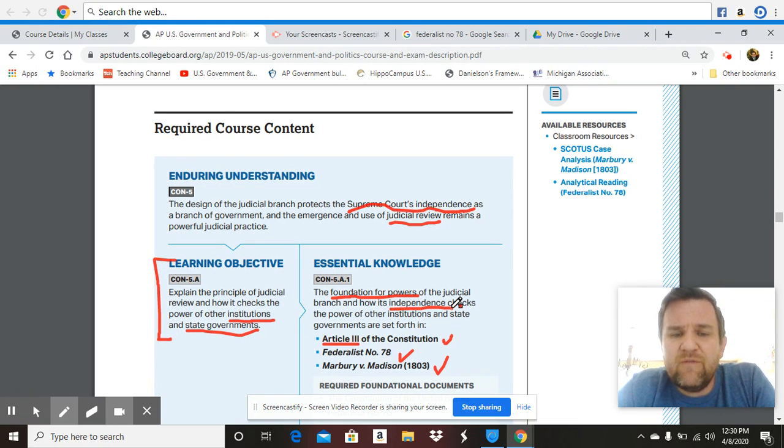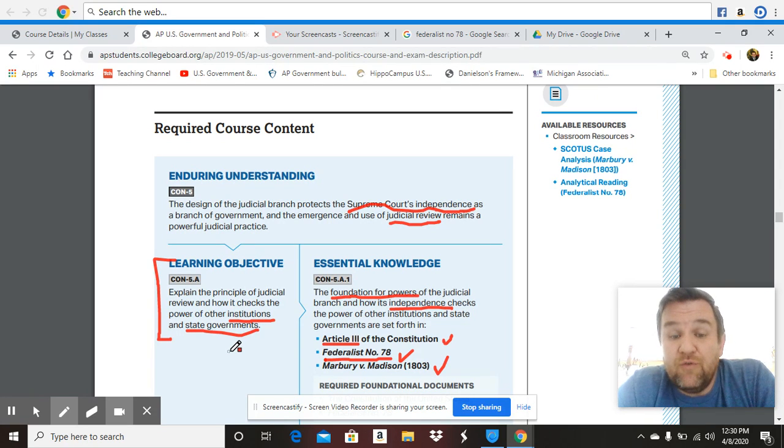They're really just responsible for interpreting the Constitution, right? So in Federalist Number 78, Madison, or no, I'm sorry, Hamilton, Alexander Hamilton, basically says that, first of all, the judicial branch is going to be the weakest branch of government because it has neither power of the sword nor the purse.